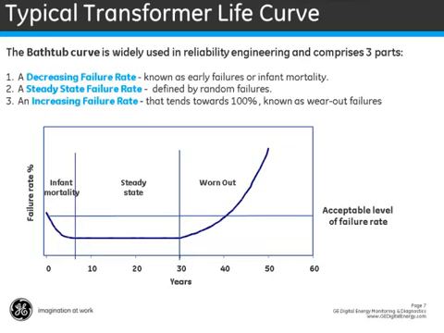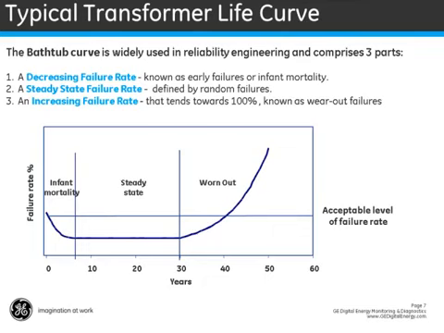For typical power transformer populations, the failure rate is high in the first few years as design faults, build errors, or transportation damage to the core, coils, or connectors results in failures soon after the transformer is taken into service.